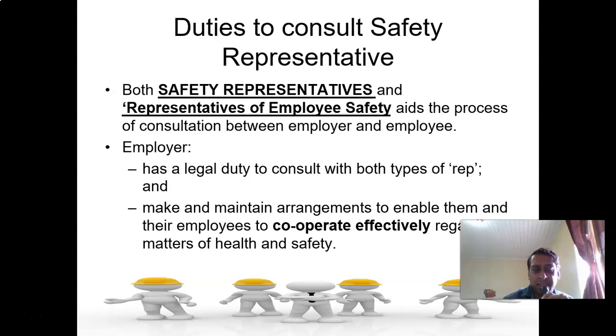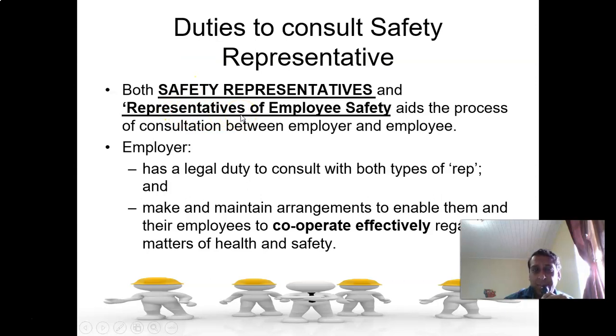If you remember back in high school days, the students may have voted for a prefect to represent them. The second person is not appointed by a trade union, but has been voted in to represent the employees.